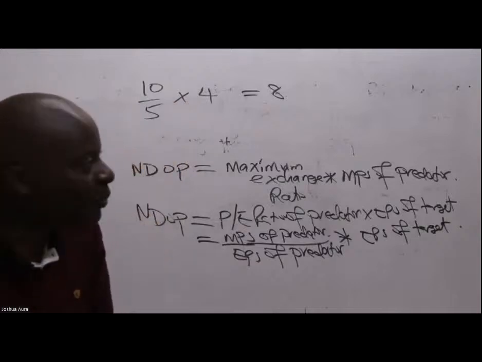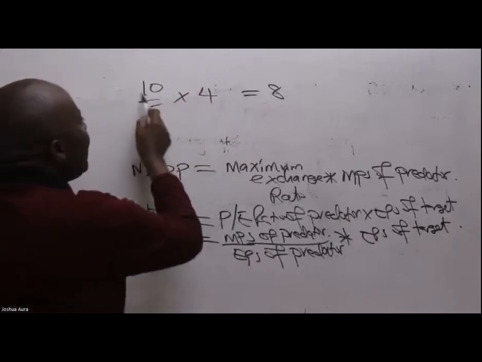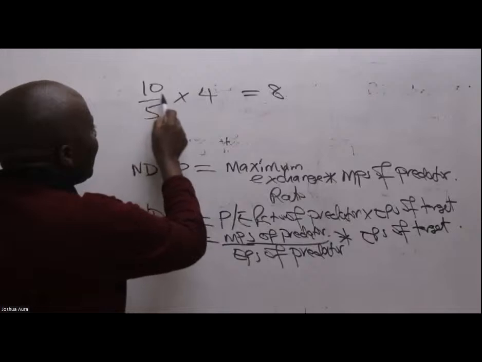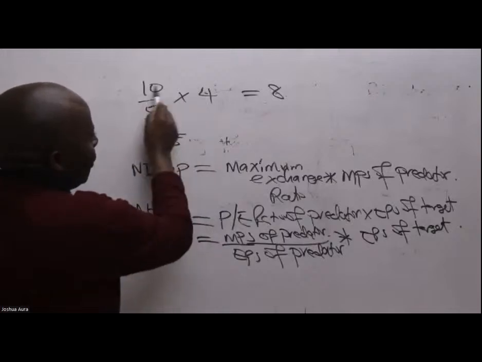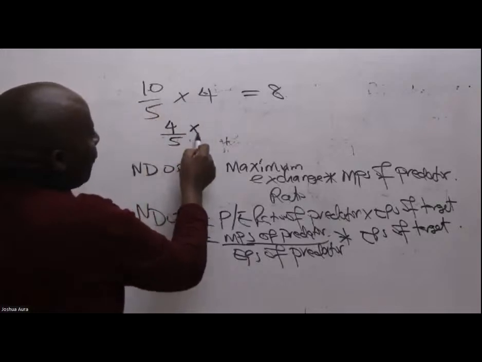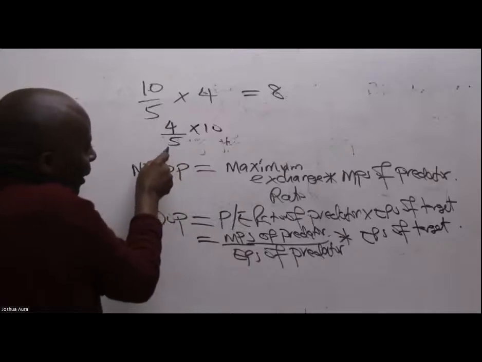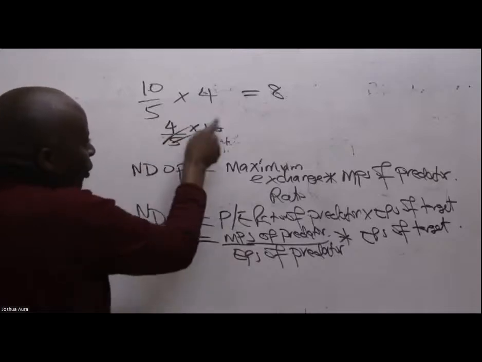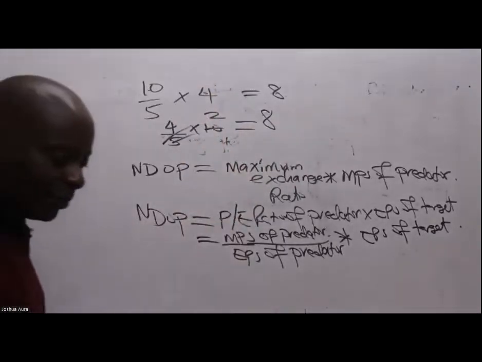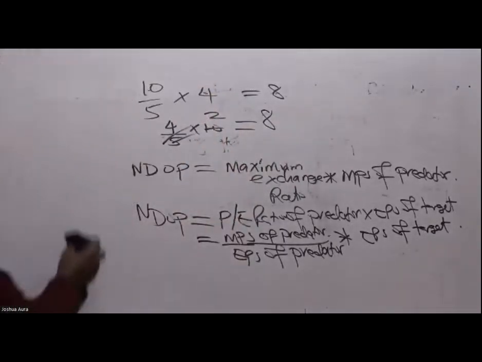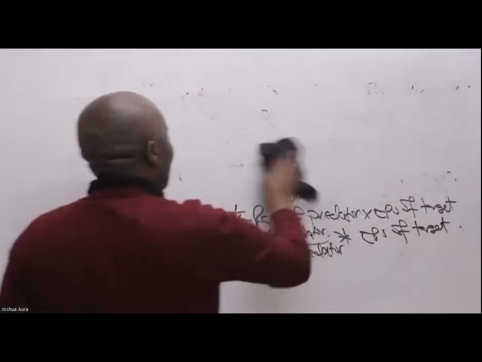So I can change this to 4 over 5 times 10. This is still okay, because in multiplication it still gives me 8. This is very correct in terms of algebra.